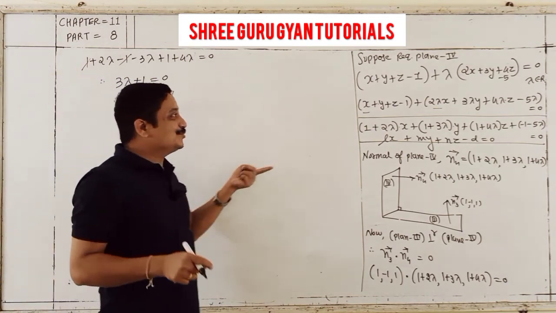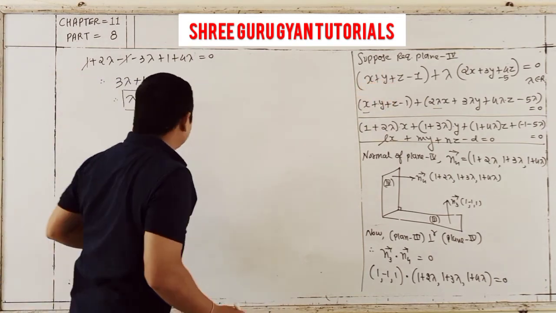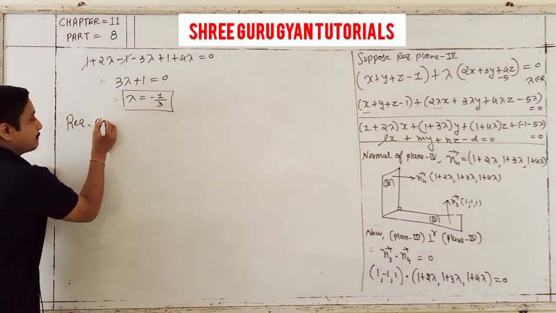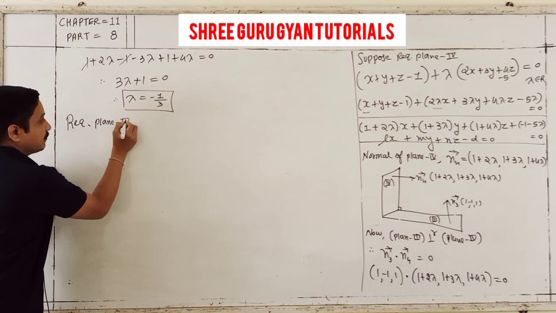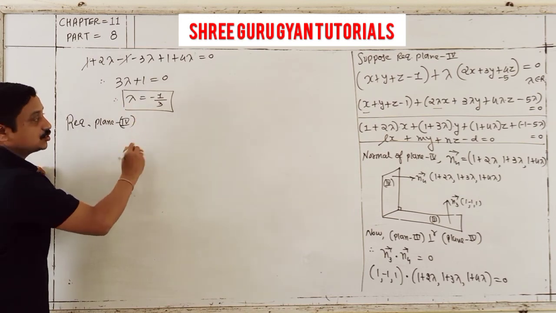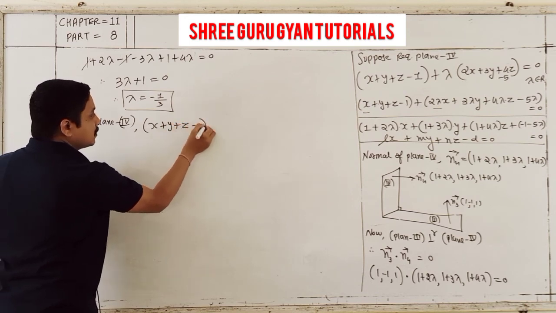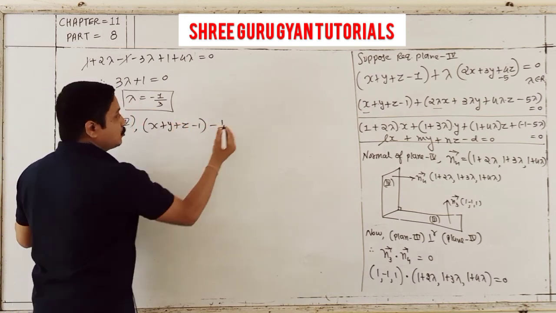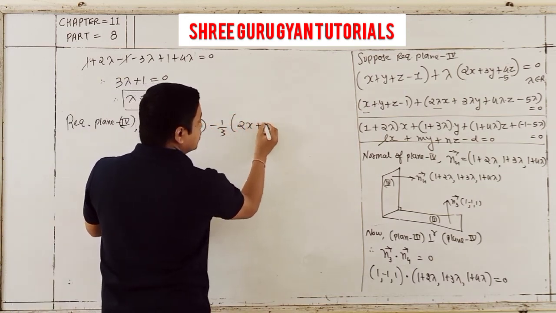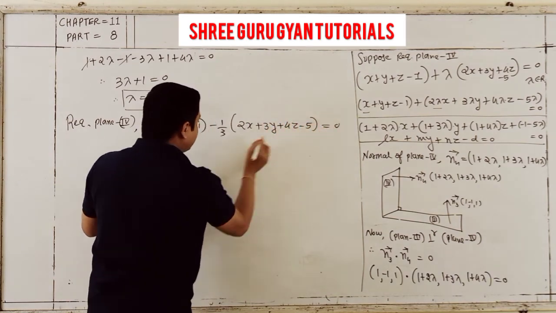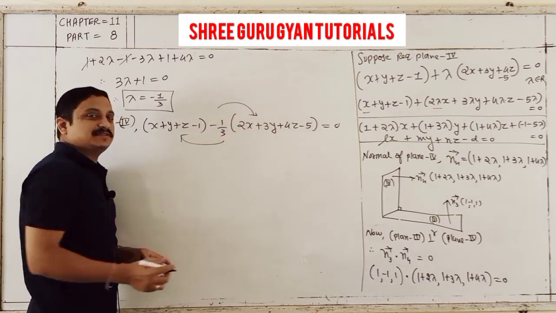Now put lambda here. The required 4th plane is x plus y plus z minus 1, plus lambda times 2x plus 3y plus 4z minus 5. Multiply this by 3 and here by minus 1.